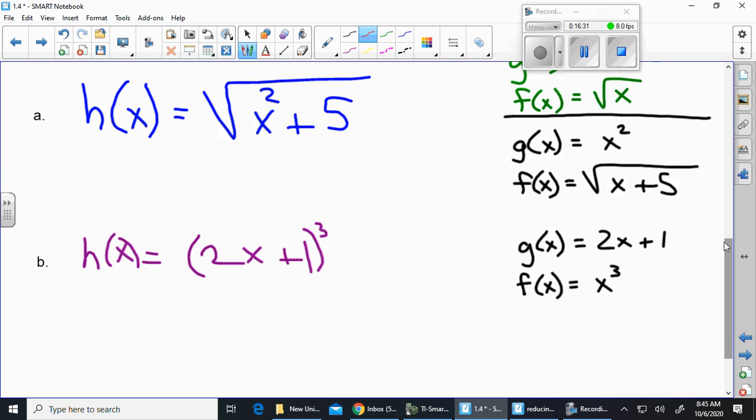Likewise, you could have said g was 2x, and f of x could have been x plus 1, cubed. If you plug g in for the x in f, you would have ended up with that answer.